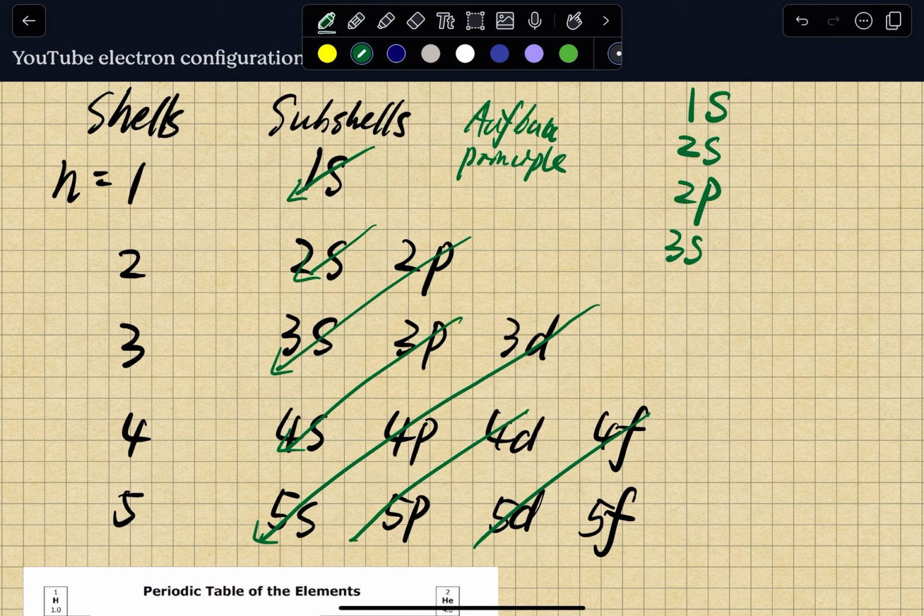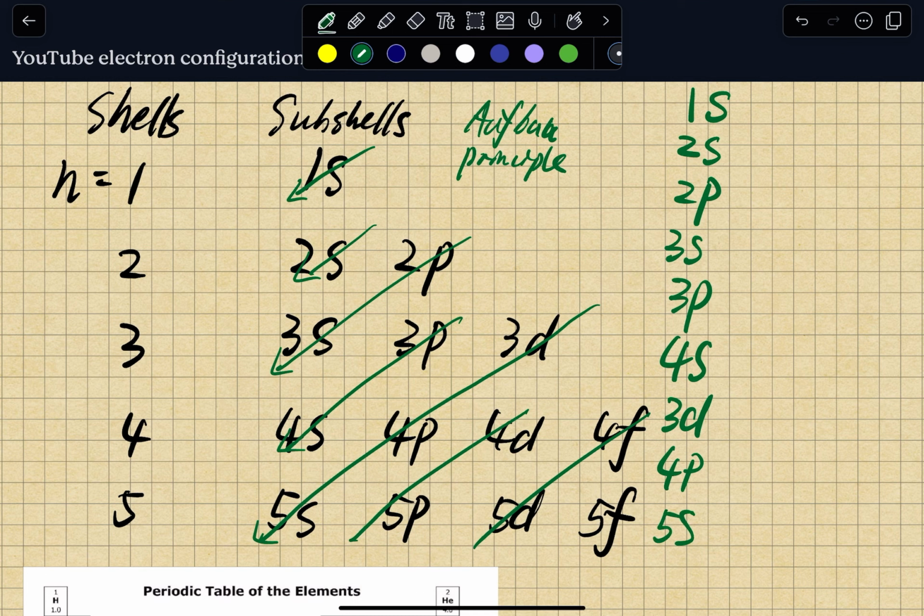After the 3s, we have 3p, and then 4s. So after 3p, it is not 3d, but 4s. And then after 4s, it's 3d, 4p, and then 5s.